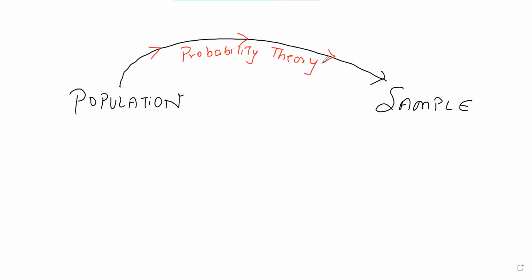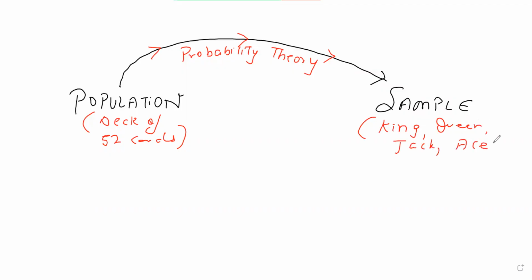So what are we doing? The population in my example is a deck of 52 cards. And getting a king or a queen or a jack or an ace is a sample. So often we solve these kinds of problems in probability, where we find out the probability of having a king in a well shuffled deck of 52 cards, probability of getting a queen, and so on. So when you are moving from population to sample, it's called probability theory.